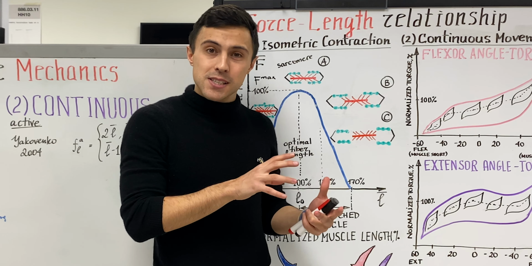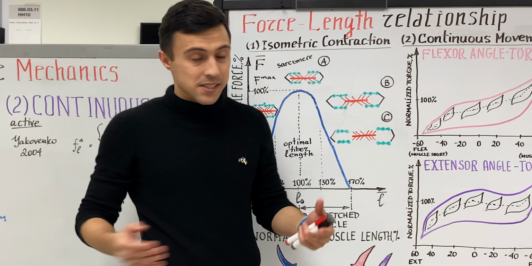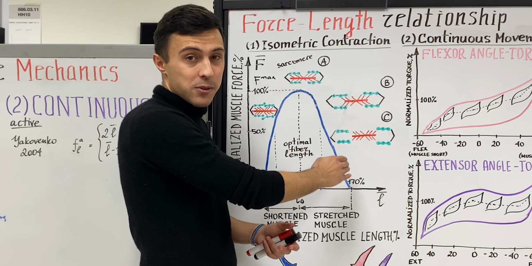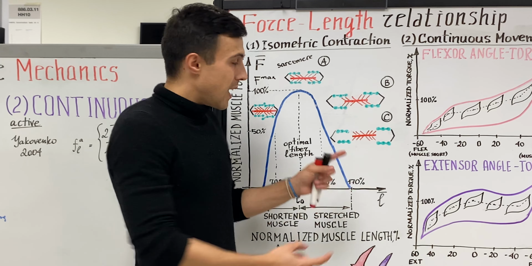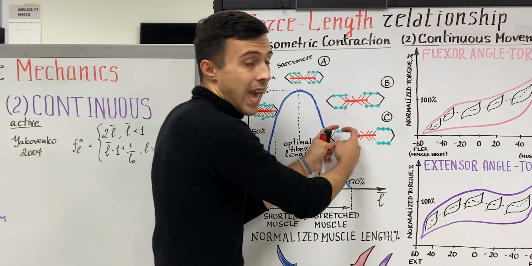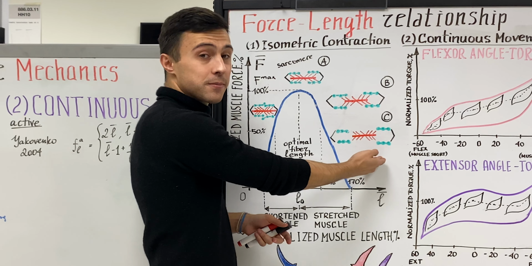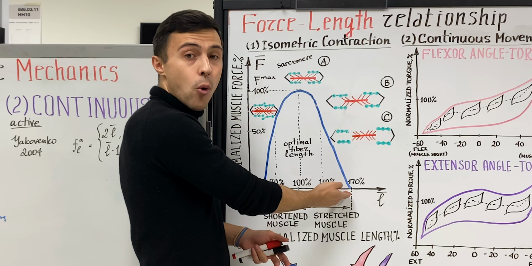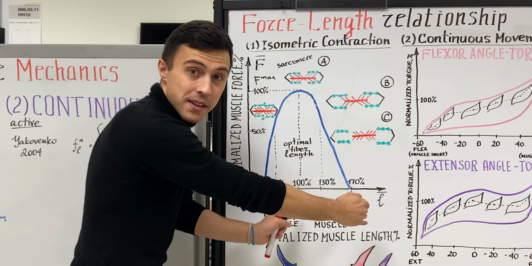If some of the myosin heads are not participating, you will be generating suboptimal force. That's why the force starts decreasing here, right? Obviously, if you take this to the extreme and you pull the thin filaments away from the thick filaments so that there is no interaction, shown here, you will get no force. Now, this was stretching of the muscle, right?